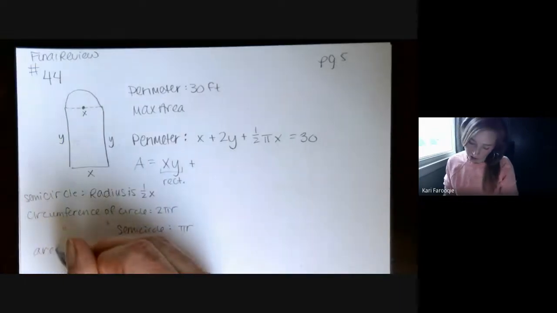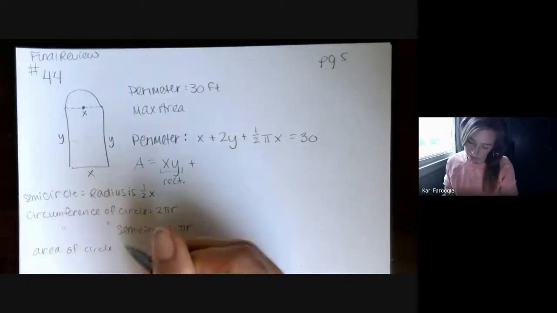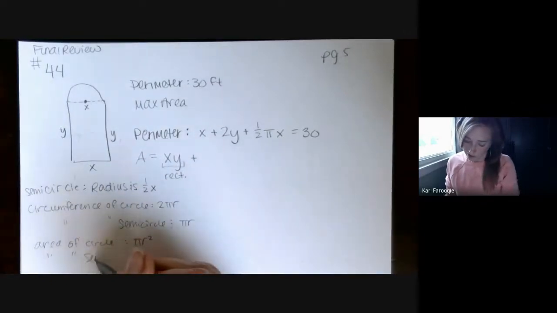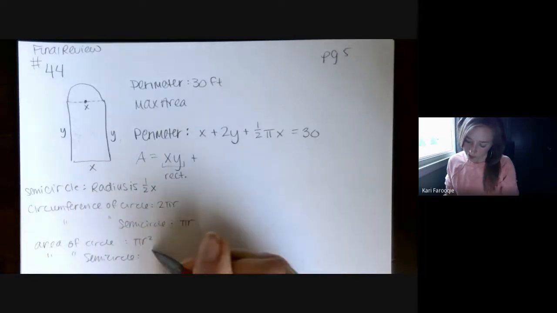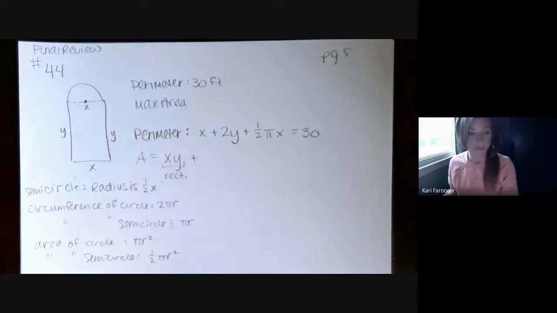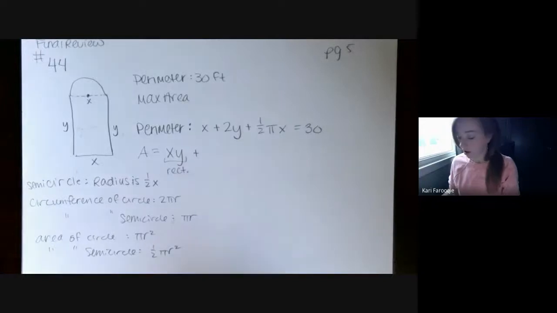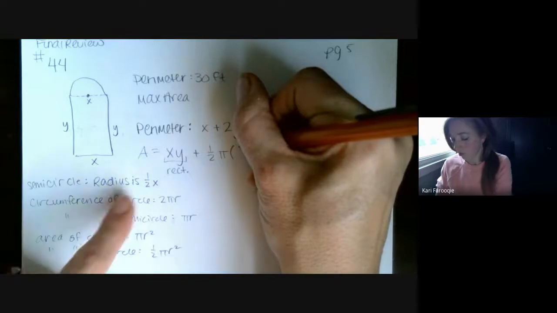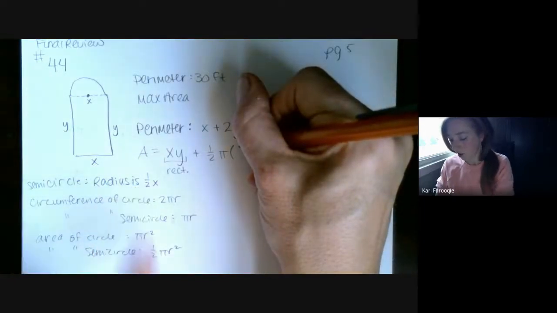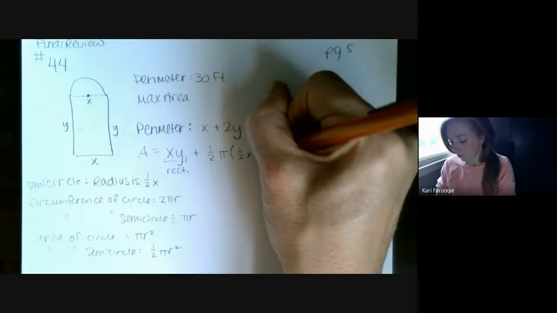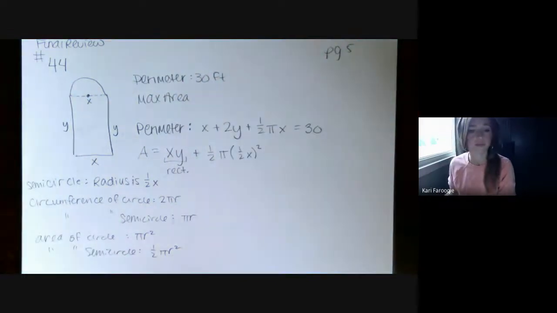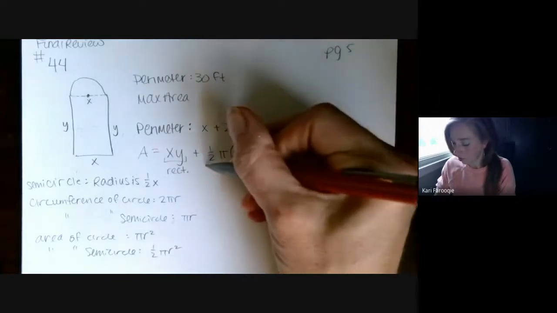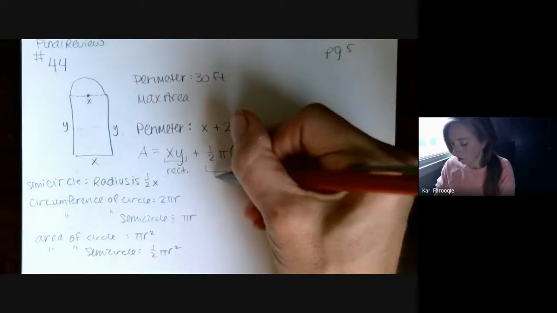So for the area of a circle, we have pi r squared. For the area of a semicircle, we have 1/2 pi r squared. So the area in our case is 1/2 times pi times, we said the radius was 1/2 X, squared. So that's your r in this case. And this is for the area of the semicircle.